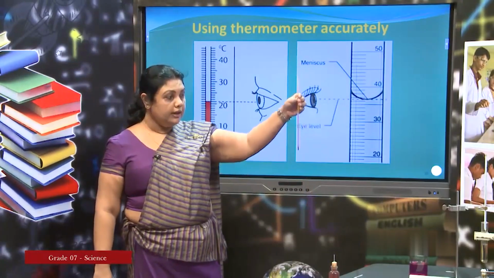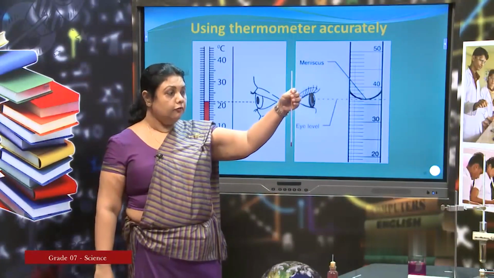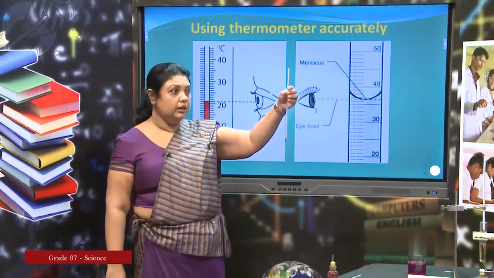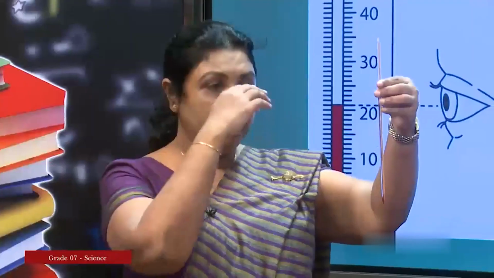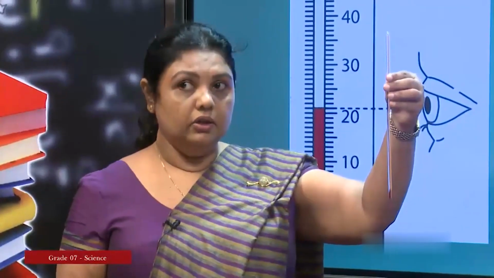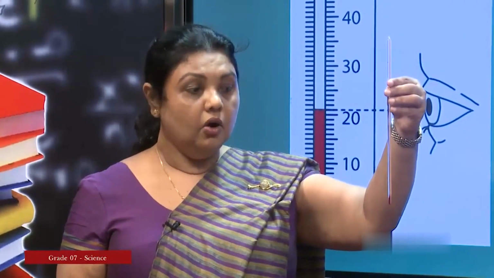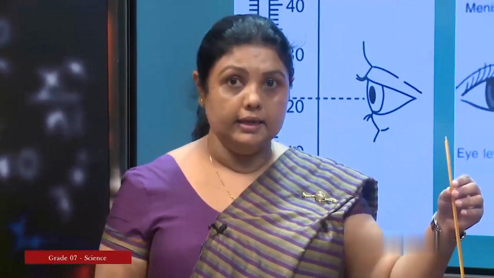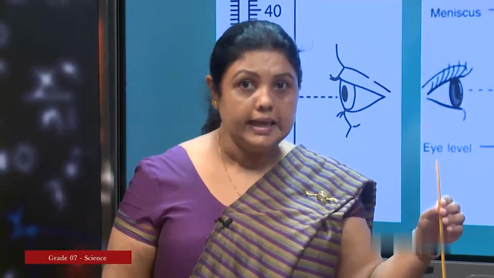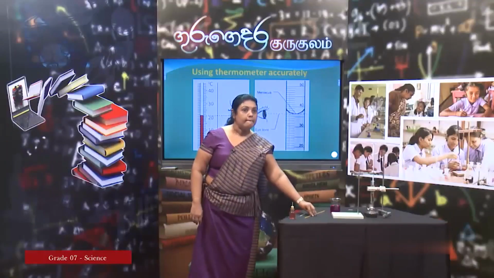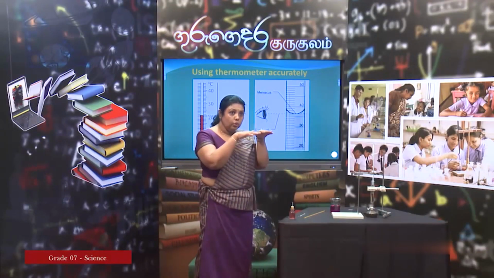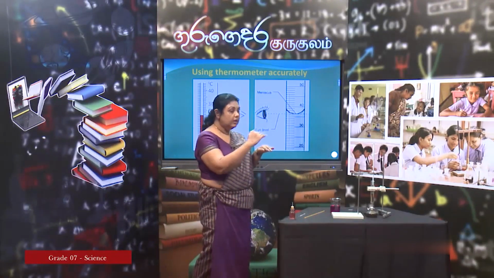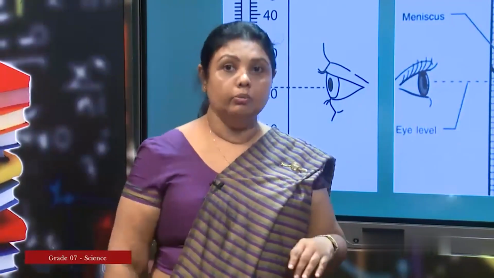If you are holding it at your eye level, it should be right at your eye level, not somewhere else. Or else, if it is fixed to a stand, you have to bend down to lower yourself to the level of the thermometer.